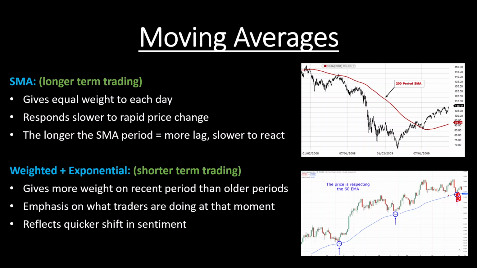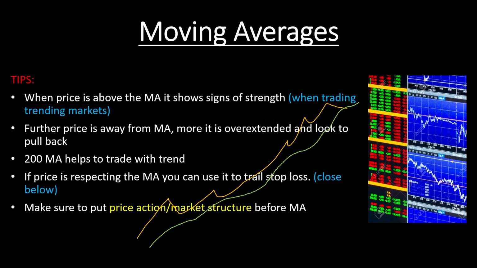You might just trail stops, and sometimes what can happen is, in rare circumstances, that price can just keep going up and up and up, and you'd be holding this for a long period of time, and you can gain a huge risk to reward ratio on certain trades like that. Obviously, it doesn't always play out like that, but there is that kind of potential for a really like 100 bagger almost. So make sure to put price action slash market structure before moving averages.